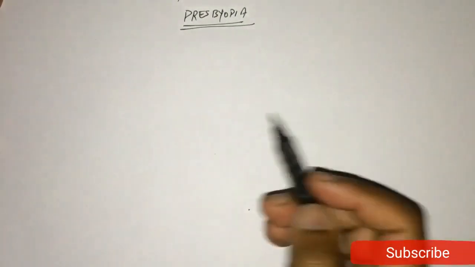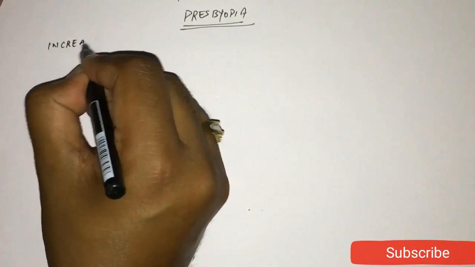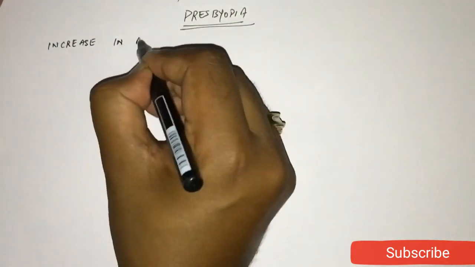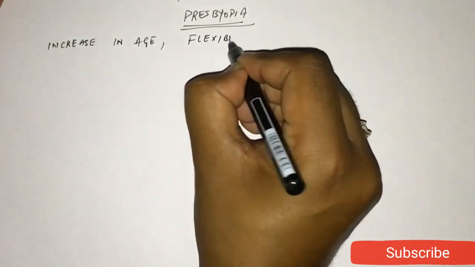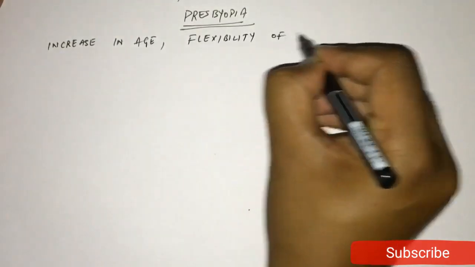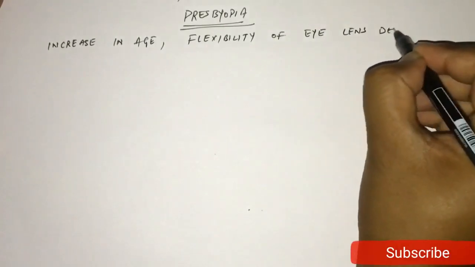Now what is presbyopia? With increase in age, the flexibility of eye lens gradually decreases.